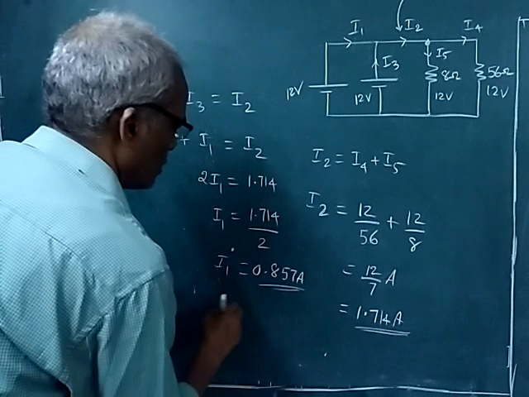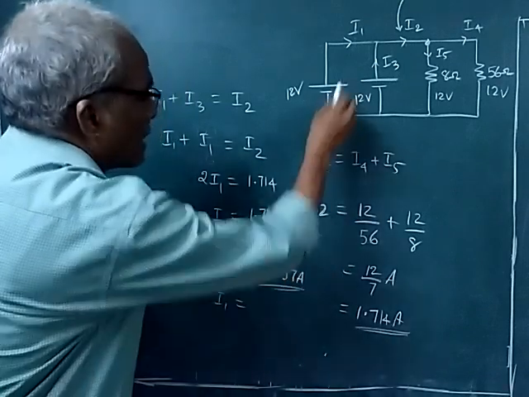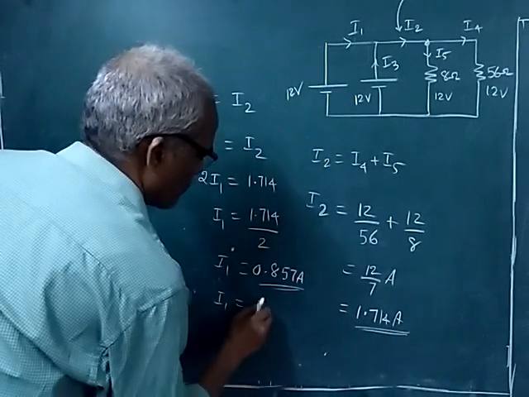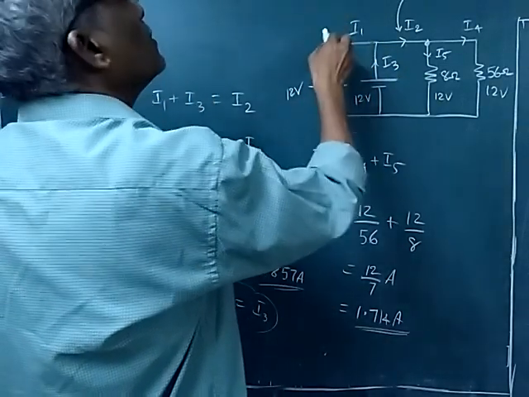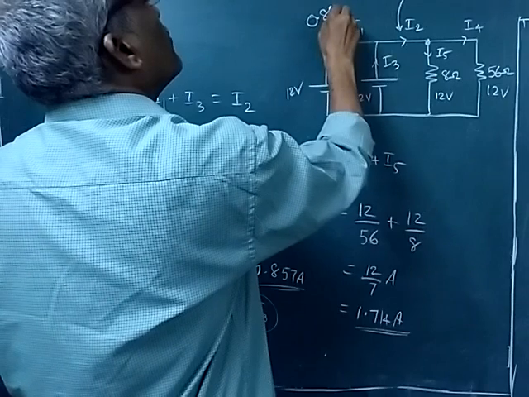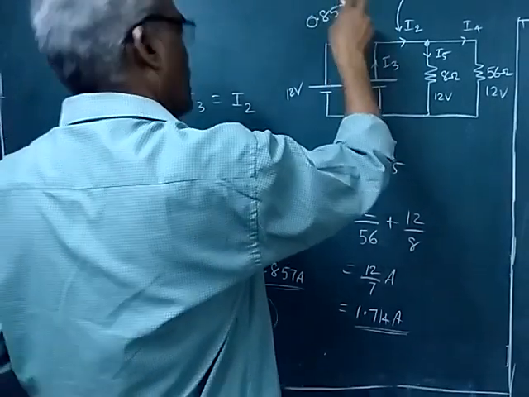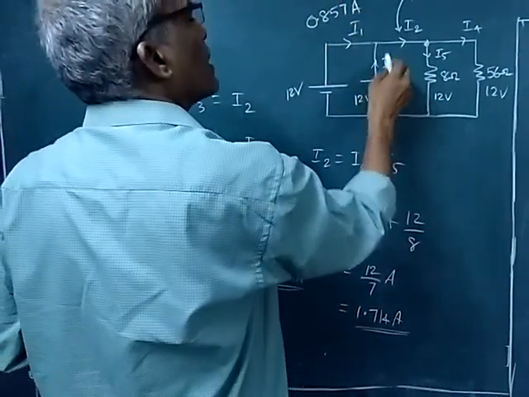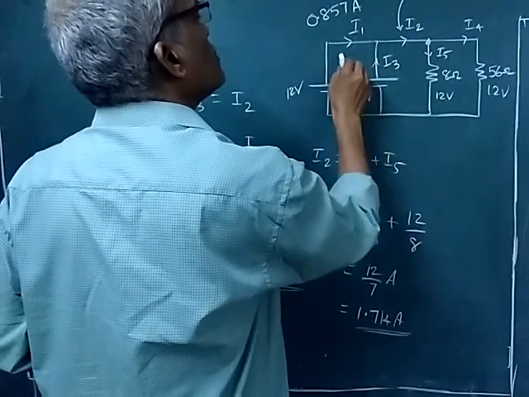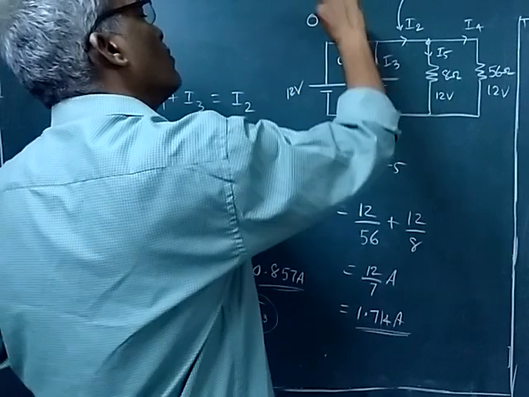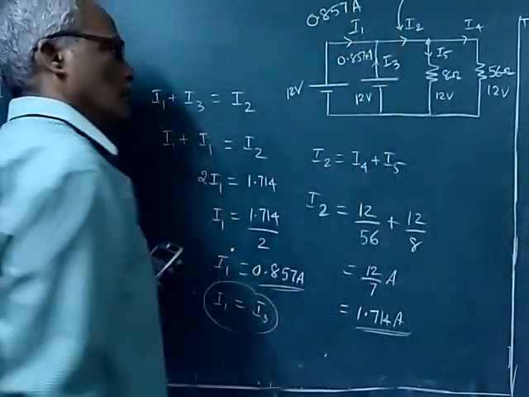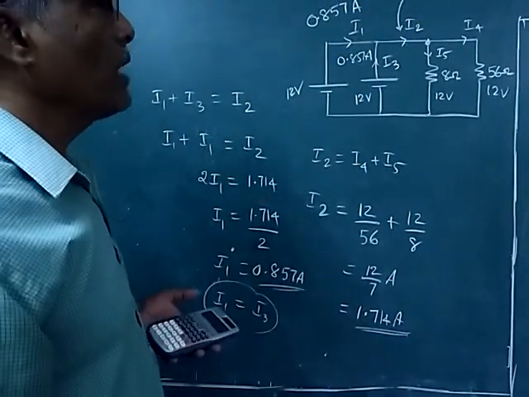I told you I1 is equal to I3. So the current here is 0.857 ampere, and the current here is also 0.857 ampere. So when you add these two, you will get 1.714 ampere.